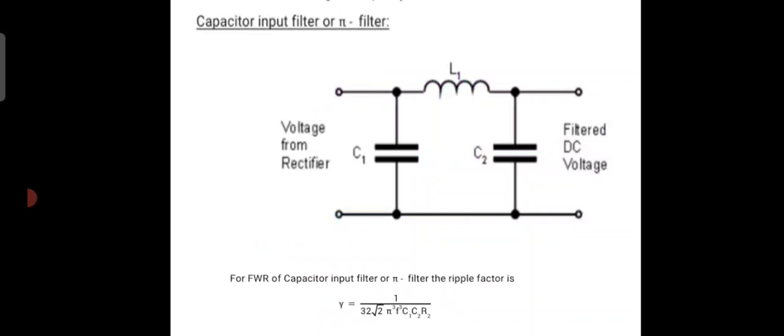Two capacitors and one inductor are going to be used along the filtering circuit. As we know, from the rectifier there will be an output which is connected to the input of a filtering circuit. After the filtering process there will be an output of DC voltage.